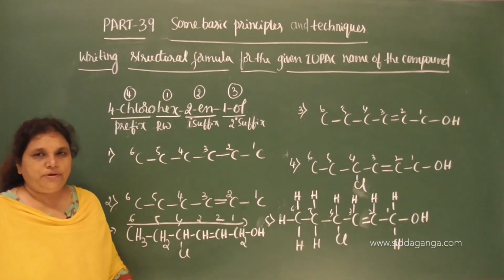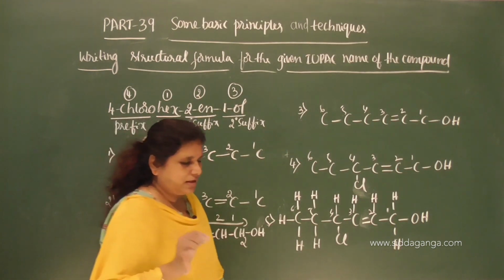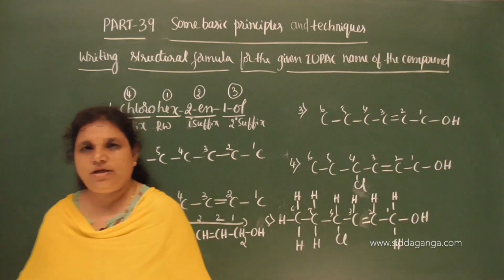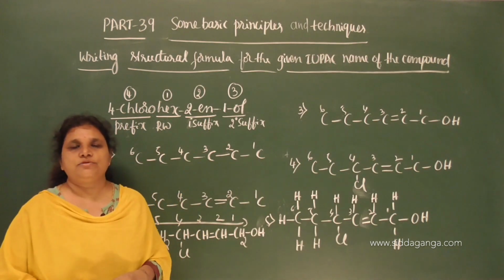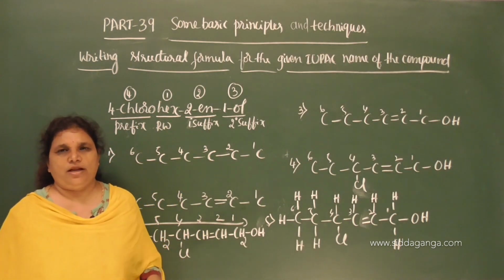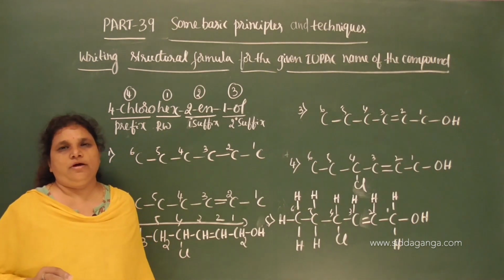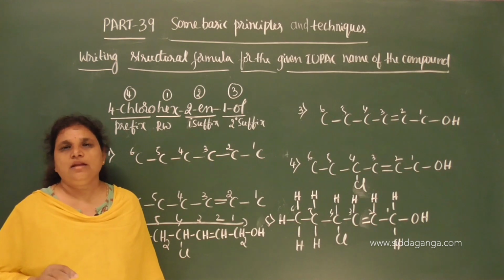And the last step is we need to fill the carbon skeleton with the appropriate number of hydrogen atoms so that each carbon atom satisfies tetravalency. And this is about writing the structural formula for the given IUPAC name.